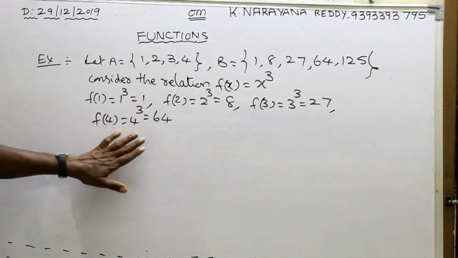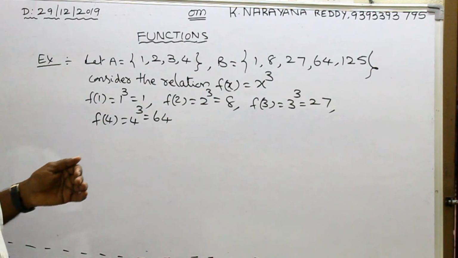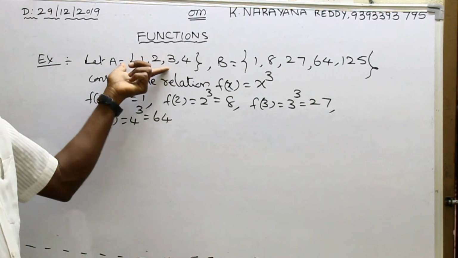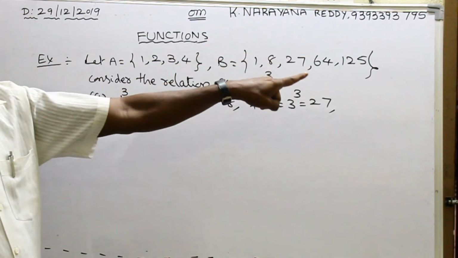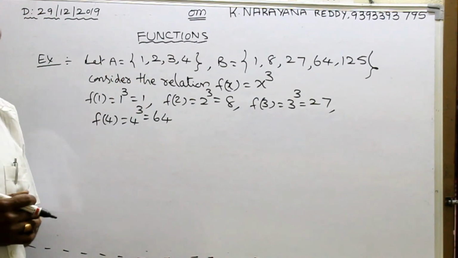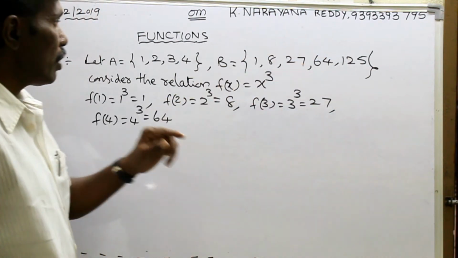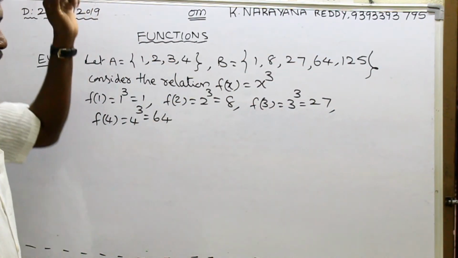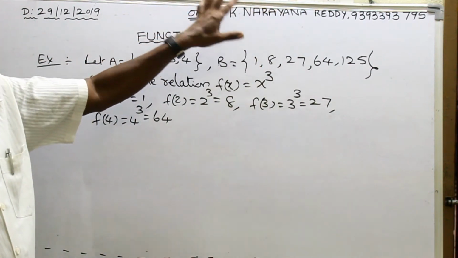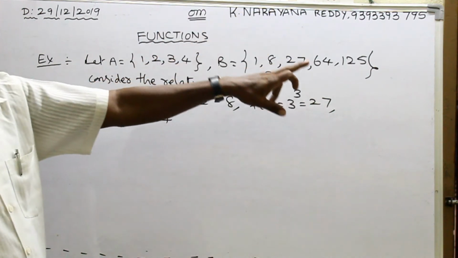Only four elements are there. Now here 125 is there, but there is no element in A for mapping from A to B. We want to take only four elements. That is an important point you should observe. Don't worry about 125. For each element in A, there is an image in B, at least one image in B.